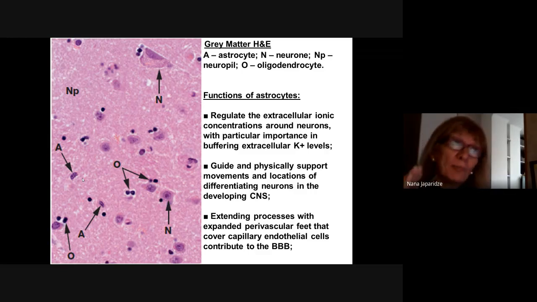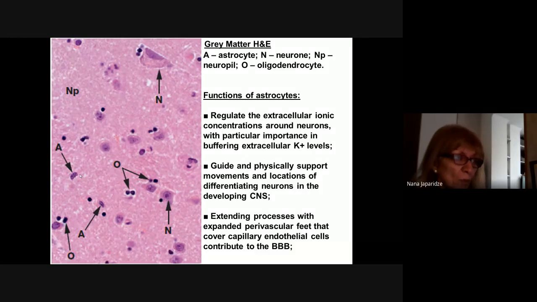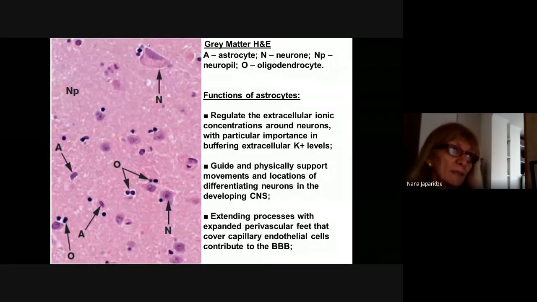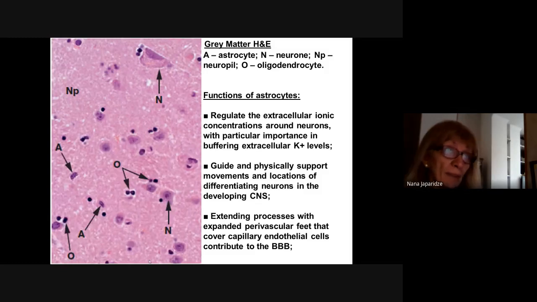But sometimes it is possible, and usually oligodendrocytes are more ovally shaped or even round, but astrocytes are elongated, and their nucleus shape is not symmetrical, you know. So the neurons are visible here also, and the whole of this part of the tissue is neuropil.